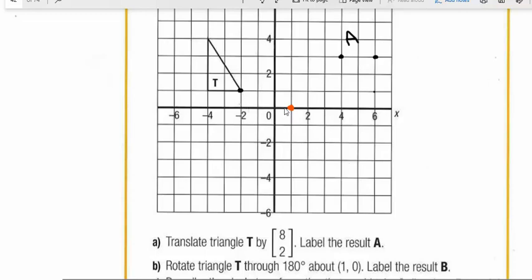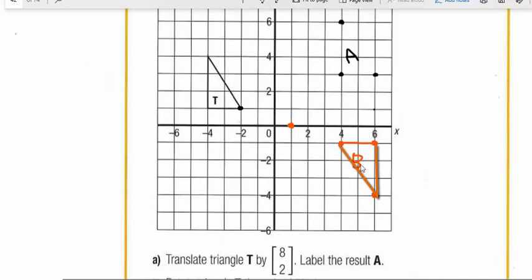This point will come here, and then 2 steps away and 3 steps down is B. Now we need a single transformation that can take A directly to B. So this is rotation 180 degrees about this point.